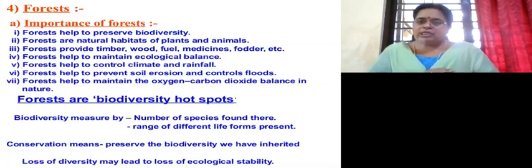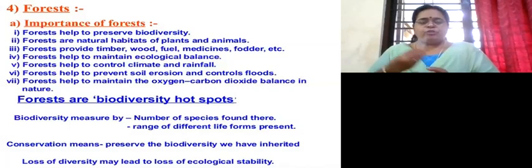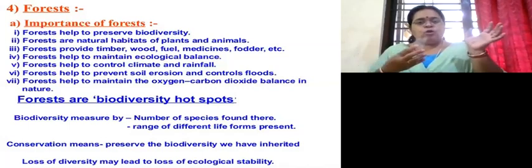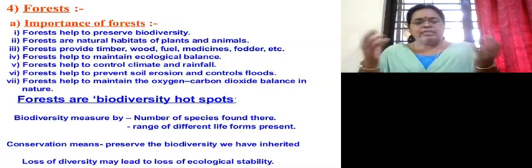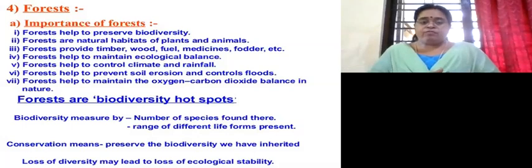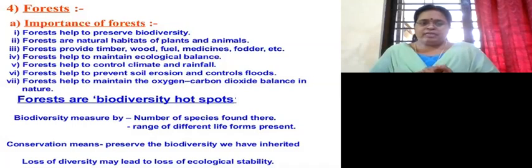You have small herbs, shrubs, trees, algae, microorganisms, all the smaller forms of animals in the animal kingdom, about which you had learnt in 9th standard, all the different phyla that you had studied, annelidans, arthropodans, molluscans, all these might be available in the forest. So you have a wide range of life forms in a forest.